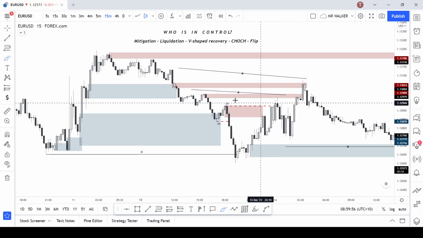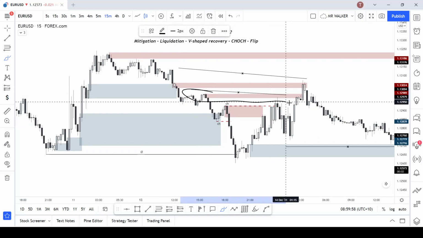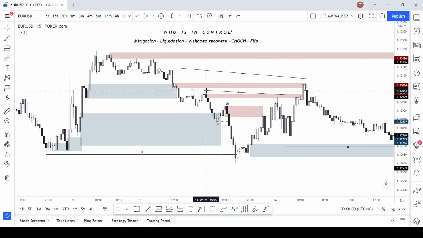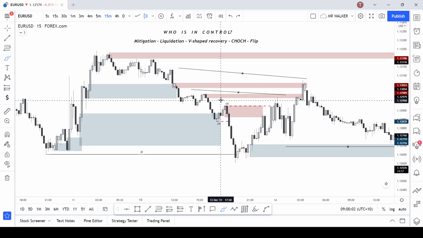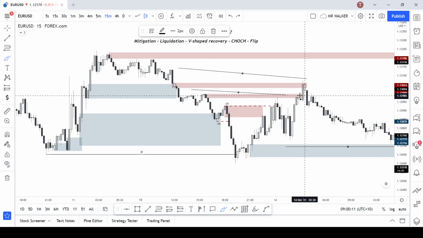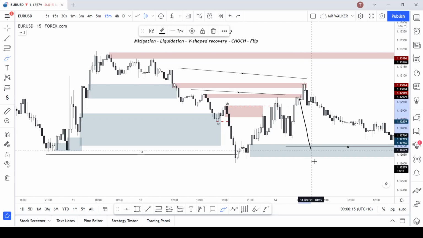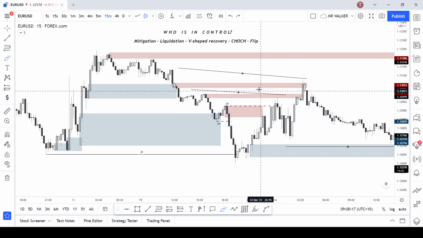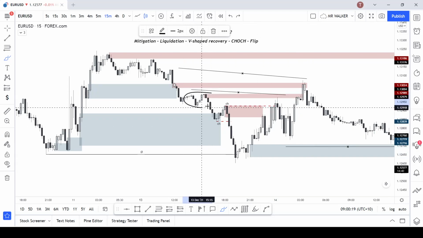Once again, we have this good looking order block that I have marked out. We once again break the low and we show reaction with these two candles. But why is there no follow through down to here? Well, did we sweep any liquidity?